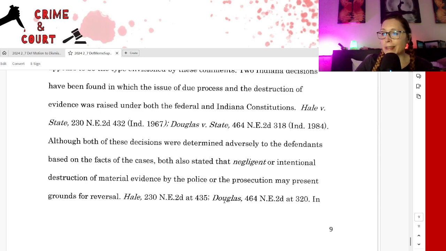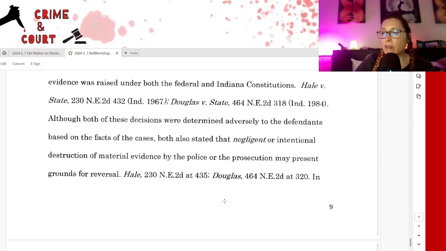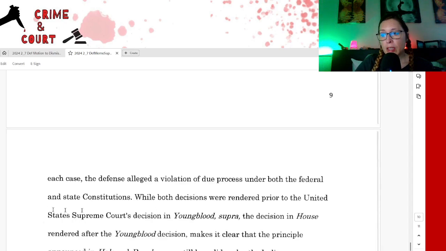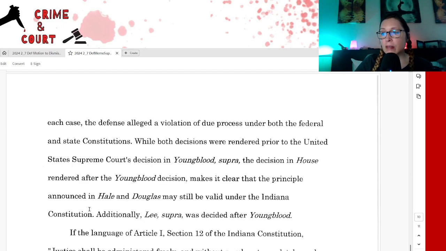Hale v. State and Douglas v. State. Although both of these decisions were determined adversely to the defendant based on the facts of the cases, both also stated that negligent or intentional destruction of material evidence by the police or the prosecution may present grounds for reversal. In each case, the defense alleged a violation of due process under both the federal and state constitutions.